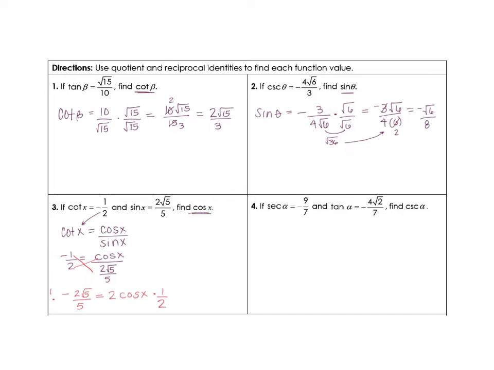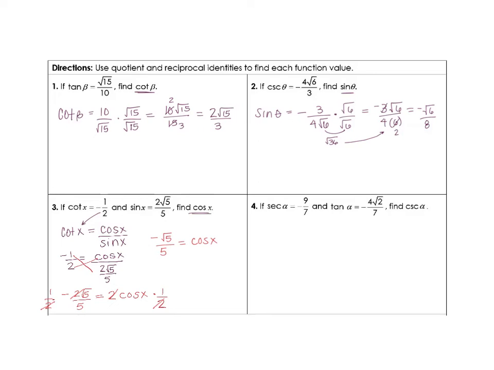It makes it a little bit easier to navigate those numbers. And now after we multiply by that 1/2, notice that the 2's cancel. So I have negative square root of 5 over 5, and that is equal to cosine of x.